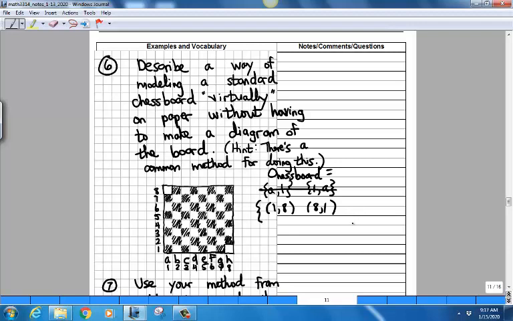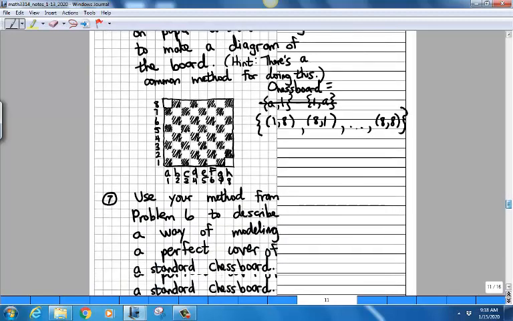So we can think of the chessboard as being this set of ordered pairs. And we can probably think of lots of other systems for representing, or modeling, the chessboard.